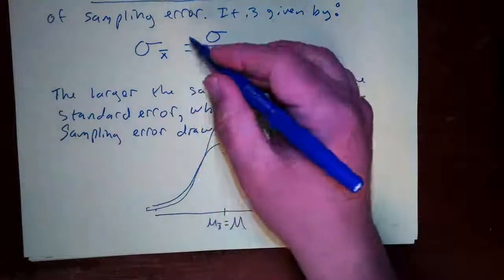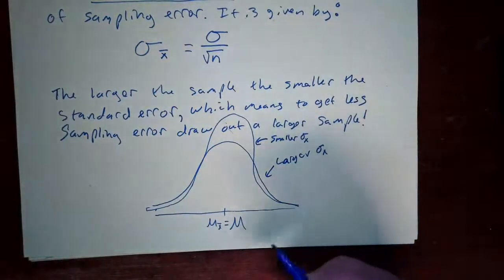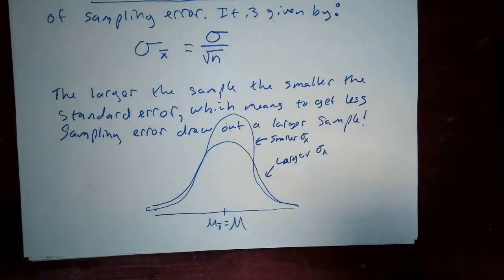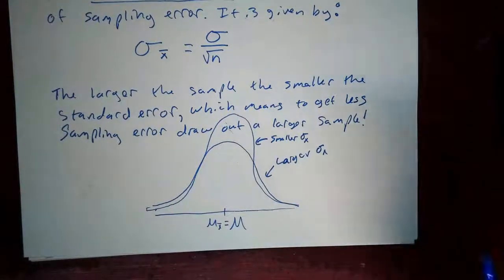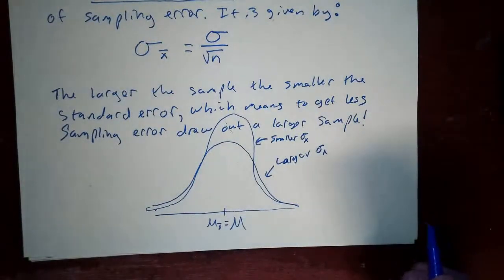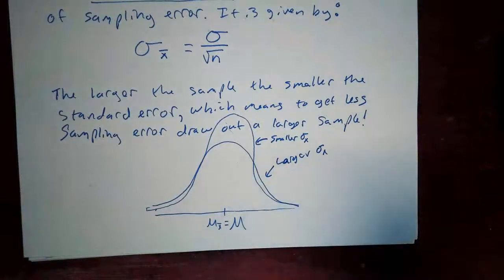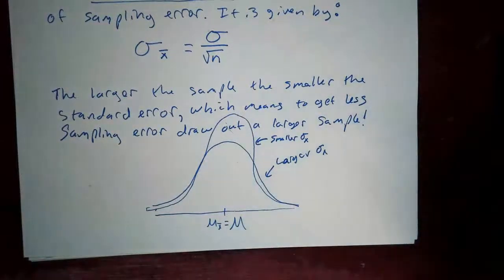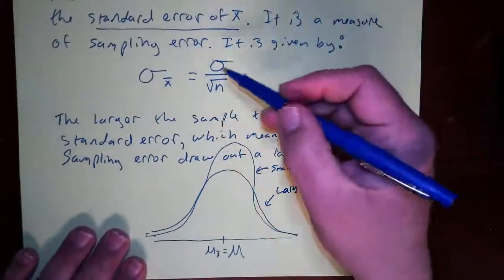Okay, and so this actually fits our intuition. And this value is something that we use in a statistical study to help us calculate how much error we should expect to see when we make a certain estimate. So if you've ever heard of someone reporting a study and they say the margin of error, or maybe a political poll with a margin of error of a certain amount, this is related to this standard error.